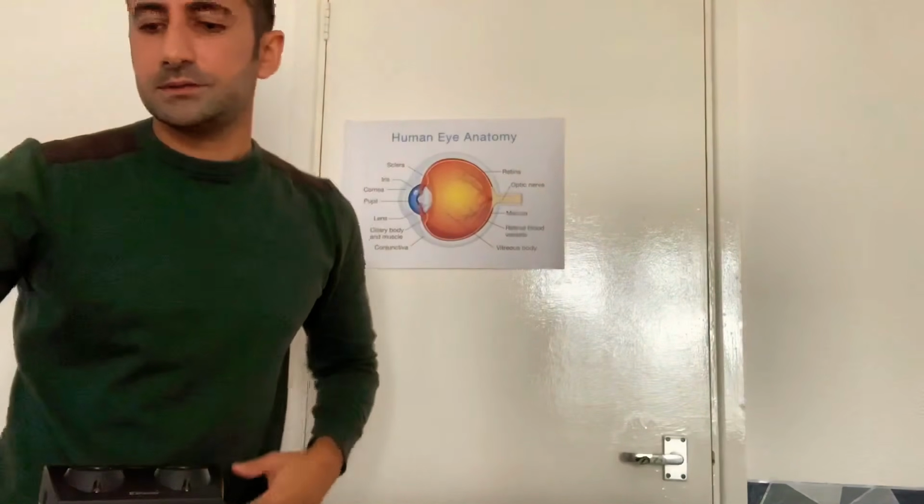This one isn't charged at the moment, but when we do turn it on, we can look through the viewing system and try and determine the prescription using the trial lenses. Okay, so if you all want to have a look at that for me, pass it around.